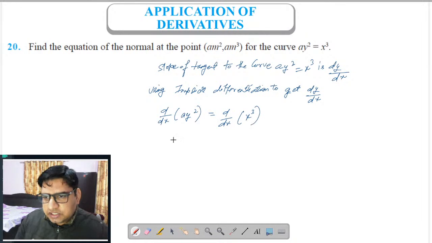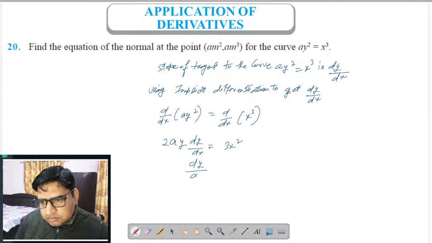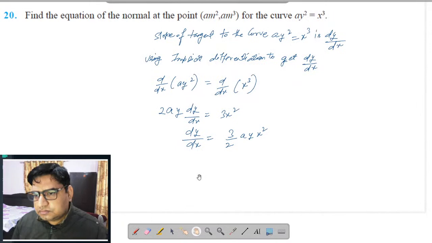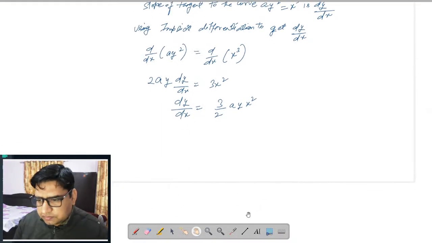So that will result into 2a y dy by dx is equal to 3x square. So dy by dx will be equal to 3 by 2a y times x square. This is the slope of the tangent to the curve.